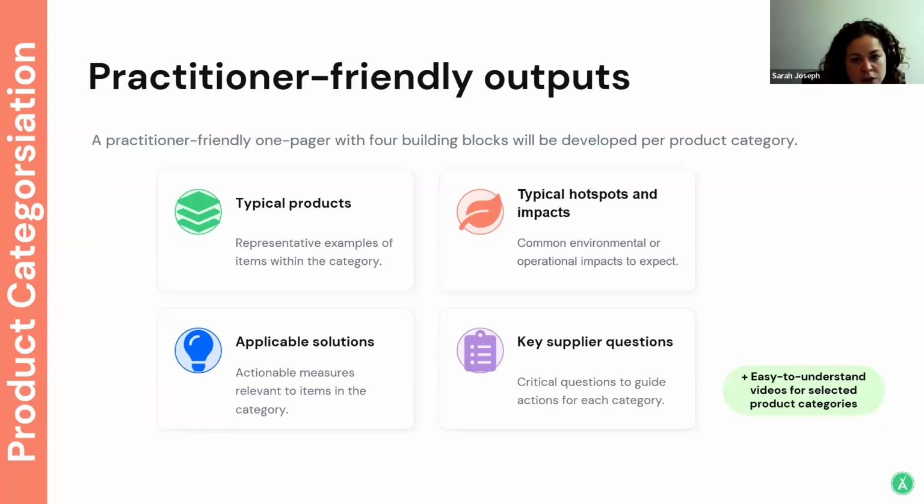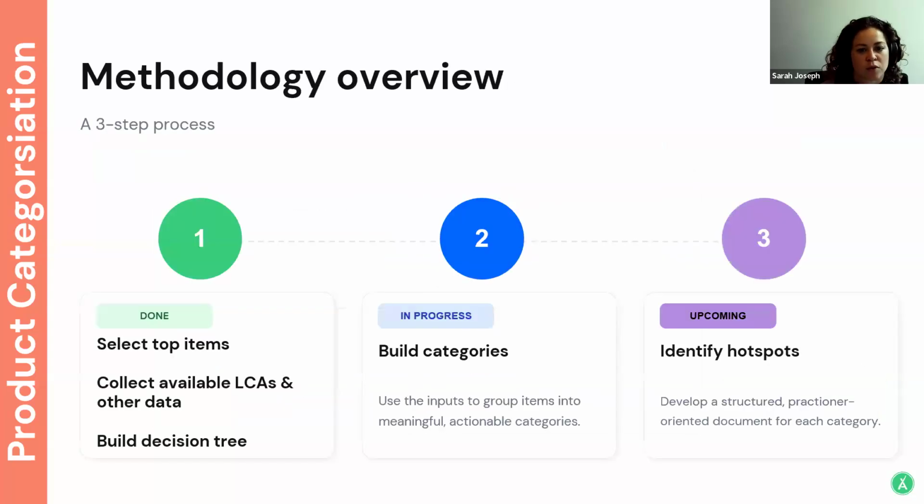So we're looking at typical products, transferring that into typical hotspots and impacts for products and groups, and then indicating what can be solutions to this, actual measures relevant to that specific product, and then providing key supplier questions and recommendations on how to handle the different products in which category they are. Accompanying this would also be easy to understand videos for selected product categories. And with this, I will pass over to Quentin, who will go into the methodology.